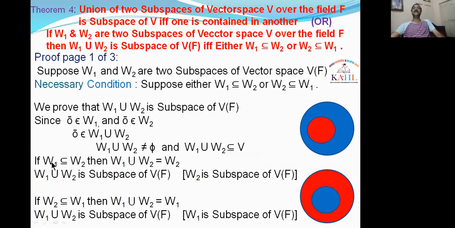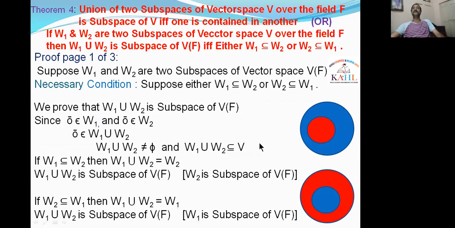If W1 is contained in W2, this is the diagram. The red one is W1, the blue one is W2. If you go to the Venn diagram, the red one is W1 and the blue one is W2. W1 is in W2, this is the symbol.